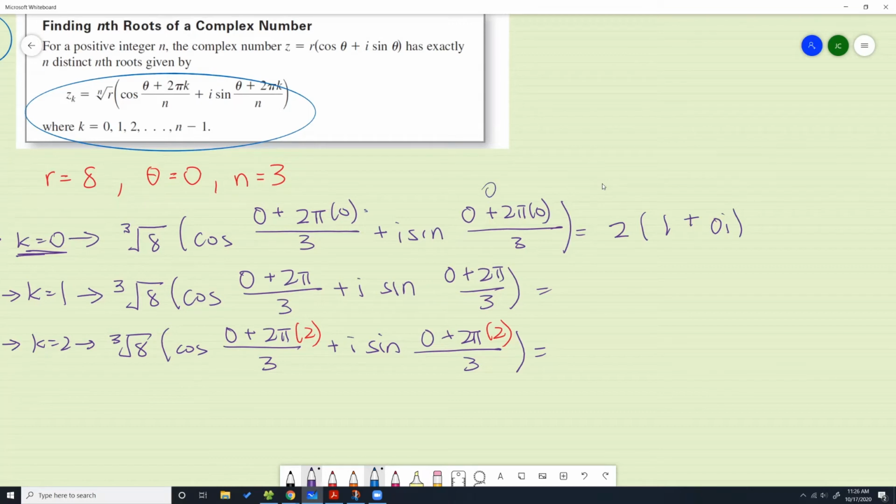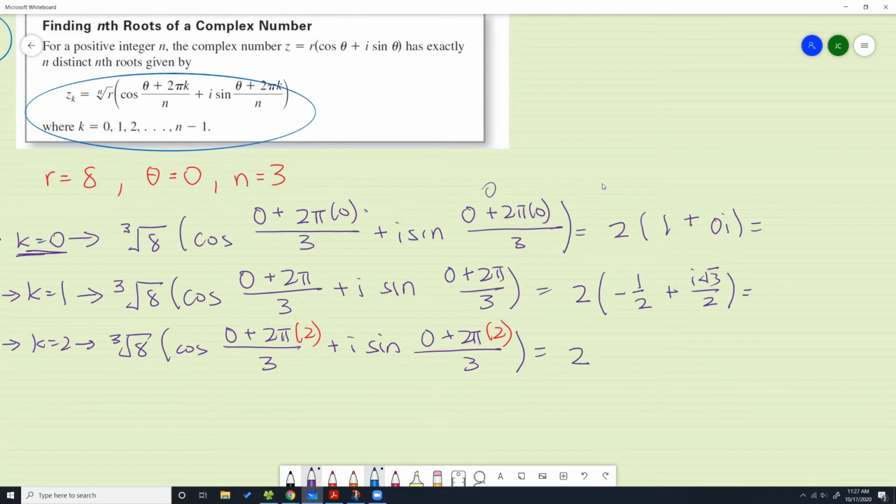Same thing, cube root of 8 times cosine of 2 pi over 3 is going to be negative 1/2 plus i sine 2 pi divided by 3, which is going to be i root 3 over 2. We'll simplify these again later on.